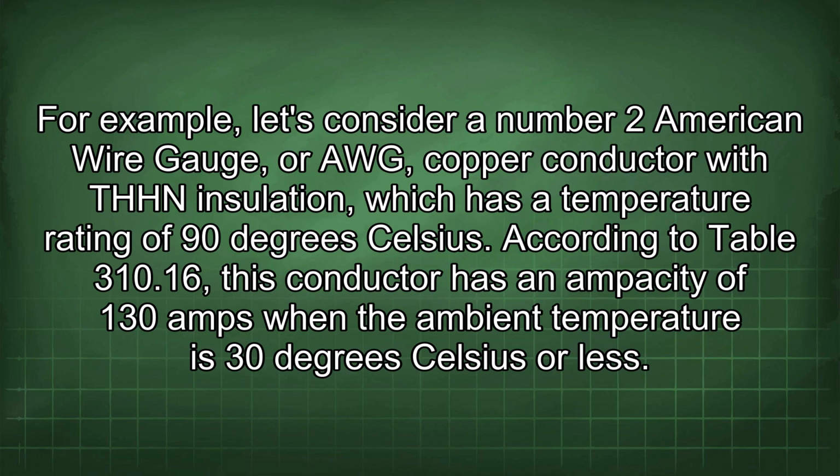For example, let's consider a number 2 American wire gauge, or AWG, copper conductor with THHN insulation, which has a temperature rating of 90 degrees Celsius. According to Table 310.16, this conductor has an ampacity of 130 amps when the ambient temperature is 30 degrees Celsius or less.